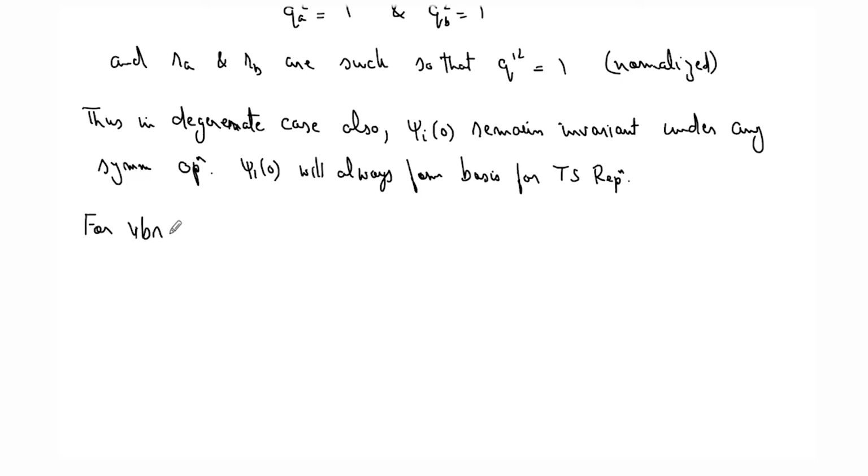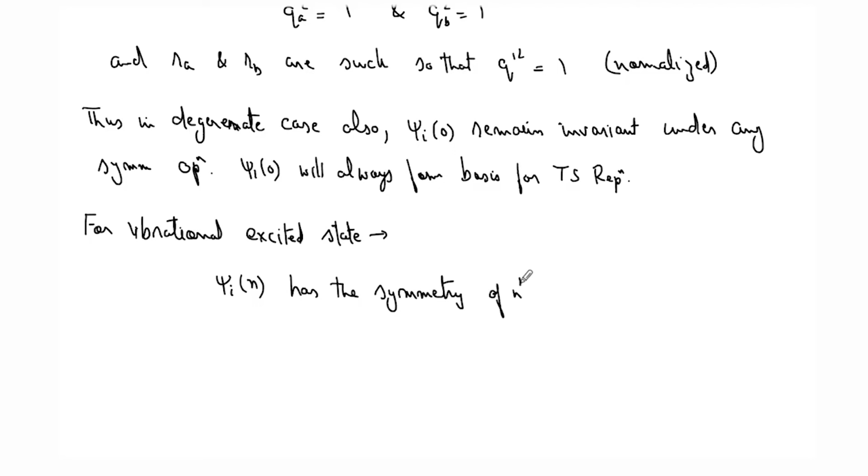So for a vibrational excited state, psi I n has the symmetry of the nth Hermite polynomial, right?